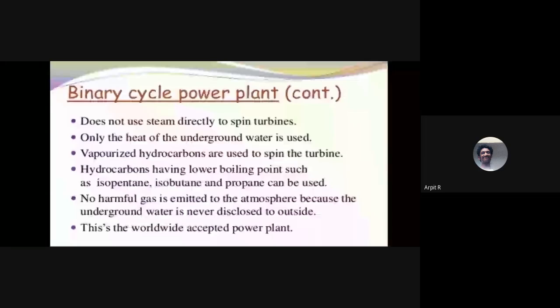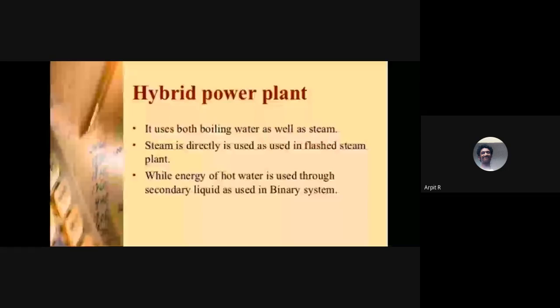Flash steam, dry steam, binary and hybrid. The worldwide accepted power plant is the binary power plant.